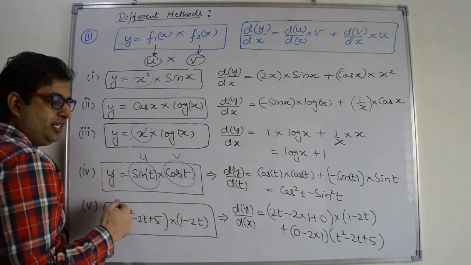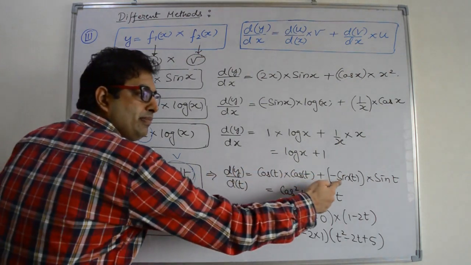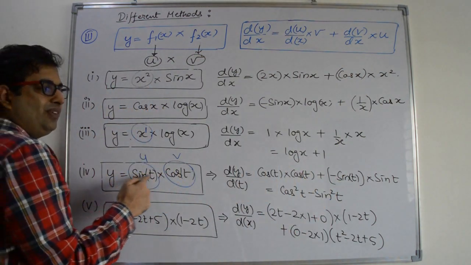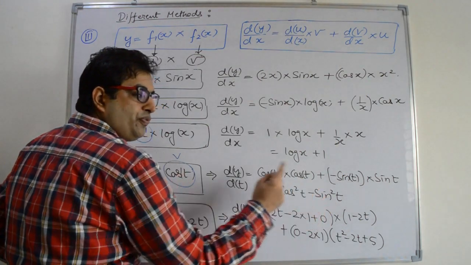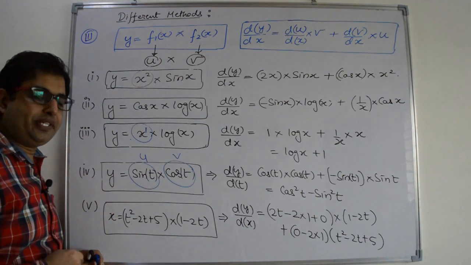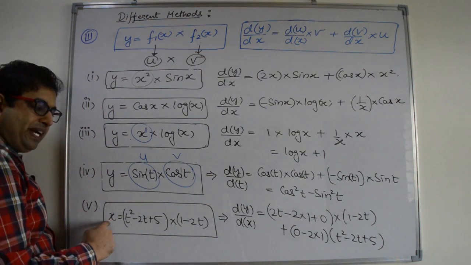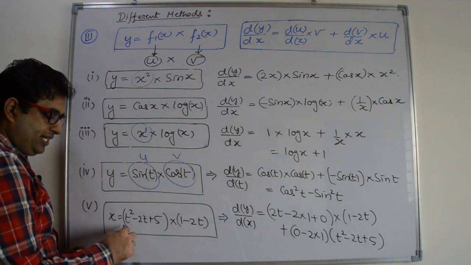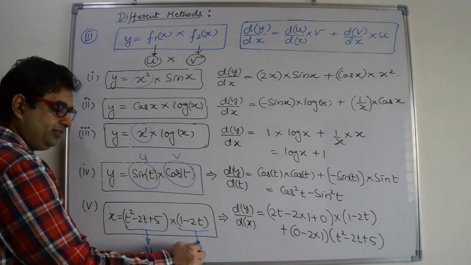Second term, we will differentiate cos. Cos differentiation is minus sin, and this sin will remain in multiplication. So it becomes minus sin square. So final answer is cos square t minus sin square t. Fifth example, here x depends on t, and this is u and this is v.